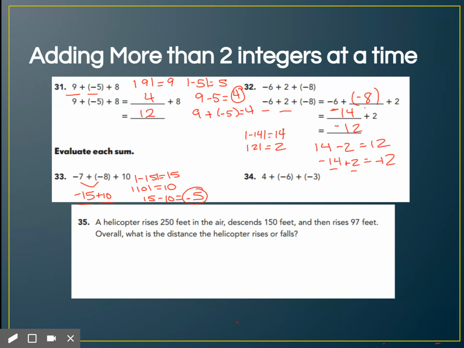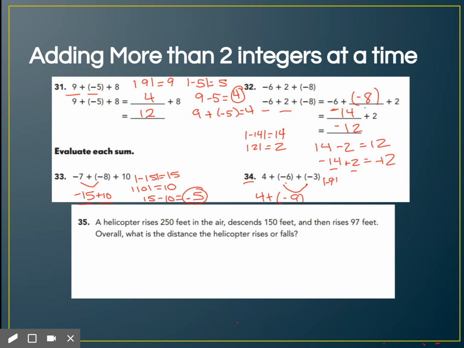Again, looking at number 34, I'm going to look at my 2 negatives that are next to each other first and just simply combine those to make it easier. Negative 6 plus negative 3 is negative 9. I just add my 2 digits, 6 and 3, and keep the negative. So now I have 4 plus a negative 9. Here I'll incorporate absolute value.